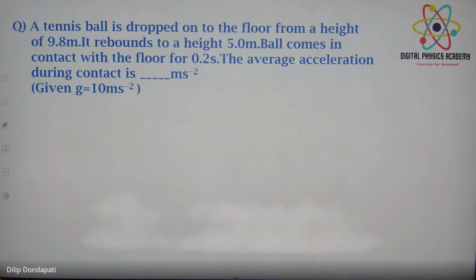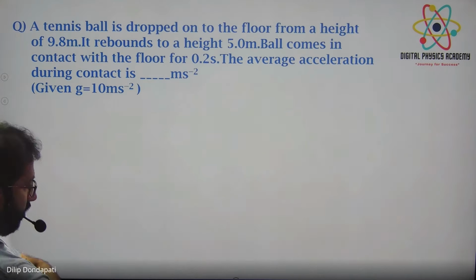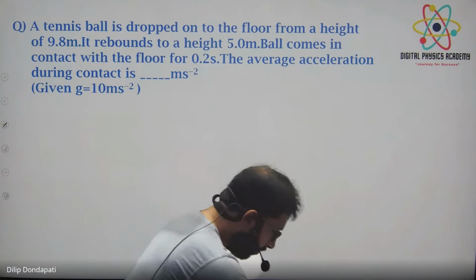Easy one करो. A tennis ball is dropped onto the floor from a height this much. It rebounds to height 5 meters. Ball comes in contact with this much. The average acceleration. g 10 ले लो.